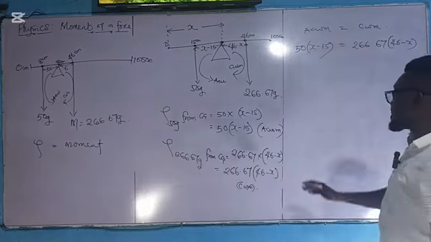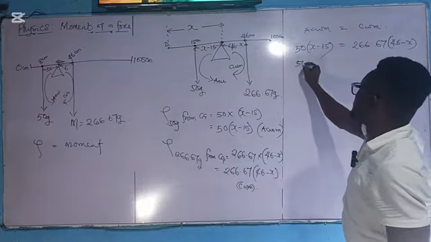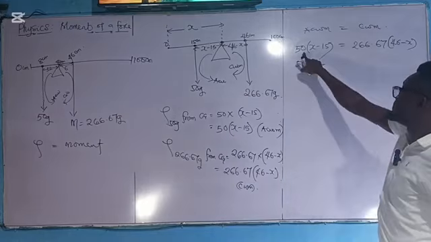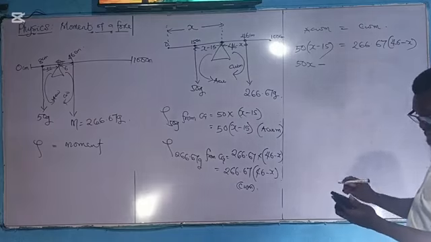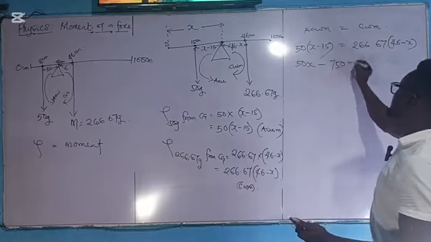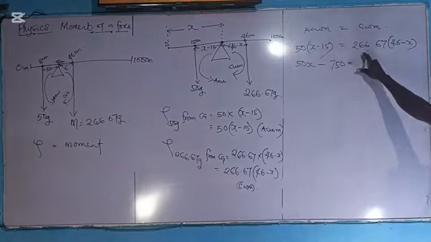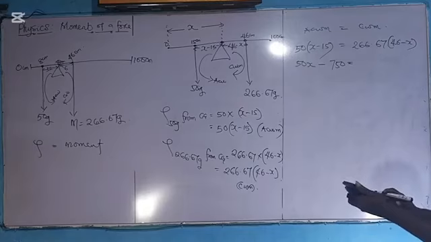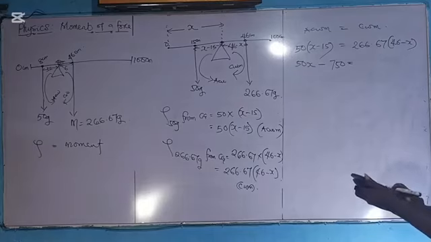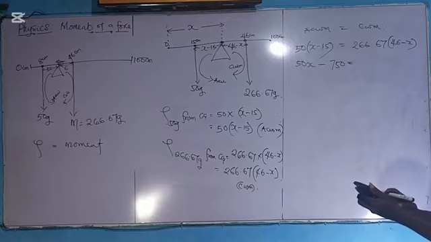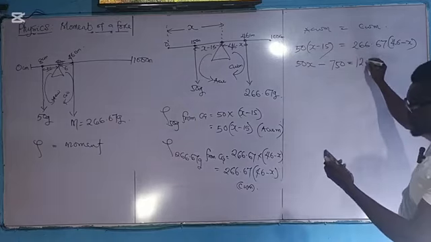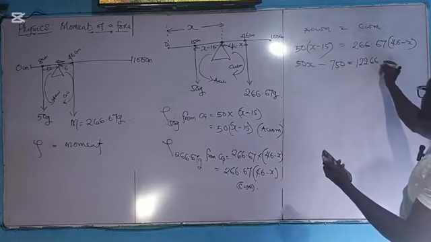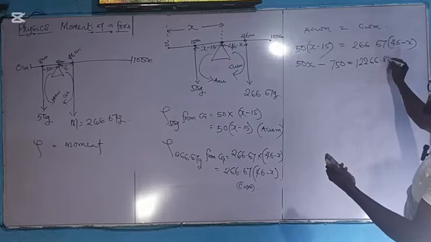So if we open the bracket, 50 times x, we have 50x. 50 times 15, we have 750. Then 266.67 times 46 gives 12266.82.